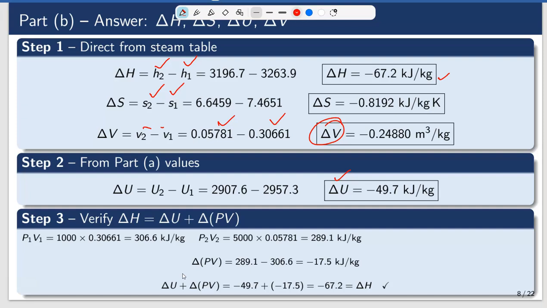P1 we know, that is 1000 kilopascal, and V1 we know, 0.30661 meter cube per kg. From that we can calculate P1 V1. Similarly we can calculate P2 V2, and from that the change of PV. Now from the formula del U plus del PV we get minus 67.2, and earlier del H was also minus 67.2, so you can see both are the same, consistent.